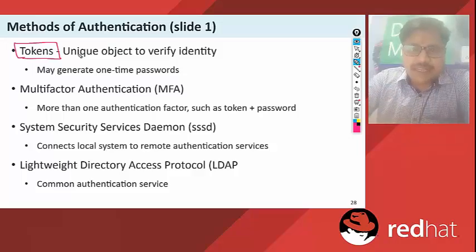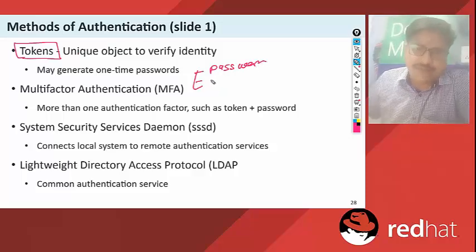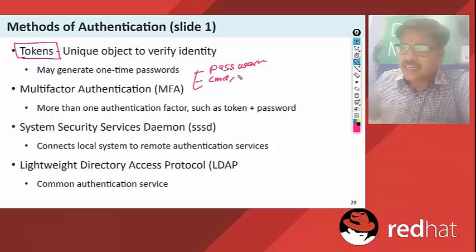Another is MFA. MFA means multi-factor authentication. So what is multi-factor authentication? Multiple factors are used in authentication. One factor is what you know: a password. What you have: a card and token.